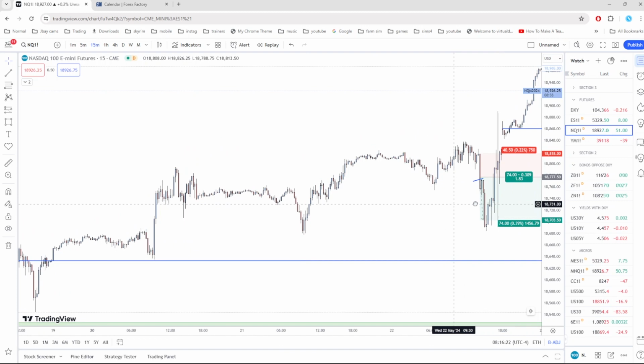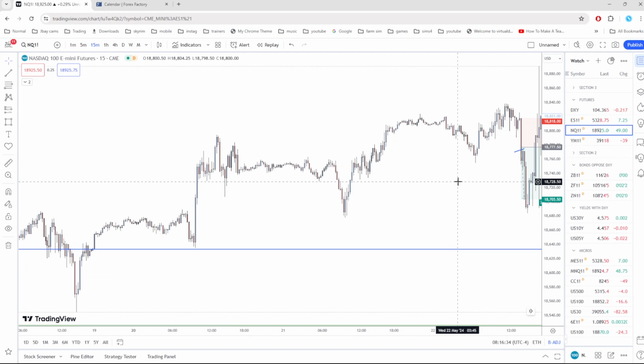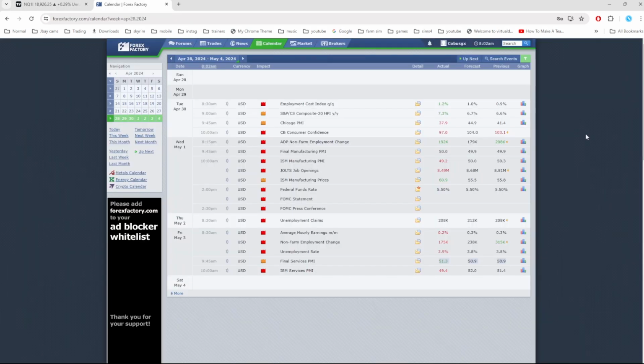You're going to place a stop. You're going to place a take profit. And you would manage that position as if you were inside of a real trade. That is what you would be doing. And that is tape reading.